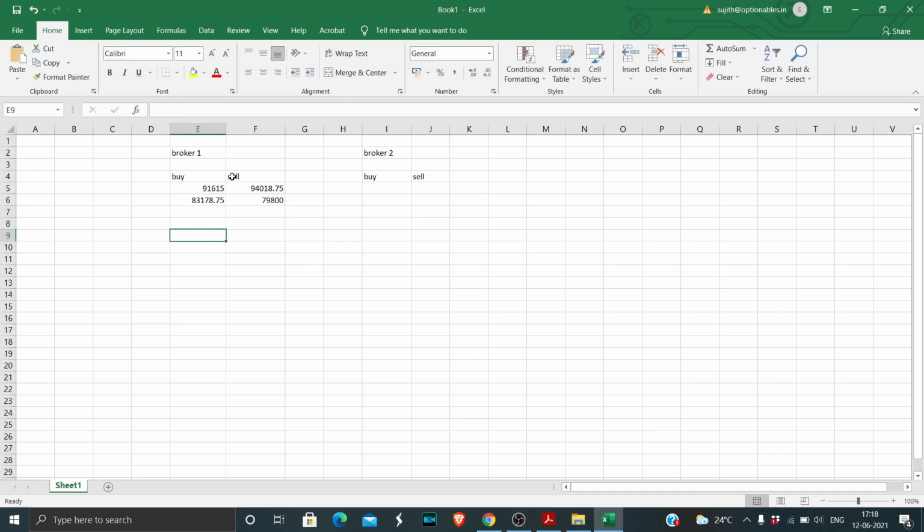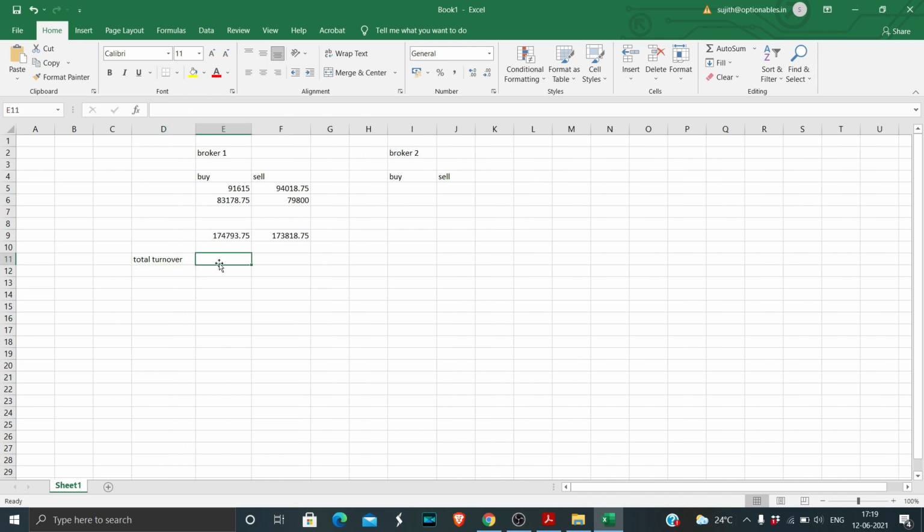Let us sum it up and see what we get. We'll add these so that we understand the sum of total turnover, because for options everything is calculated based on the premium, so charges will also be based on the premium. So the total turnover is this plus this.